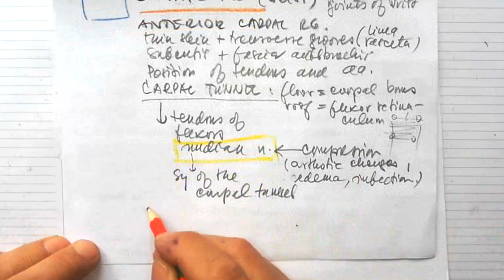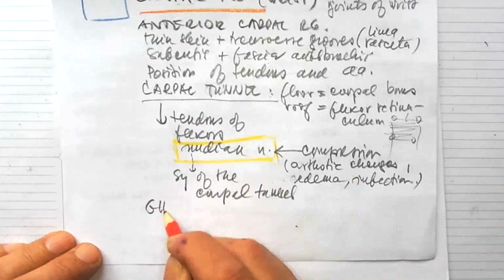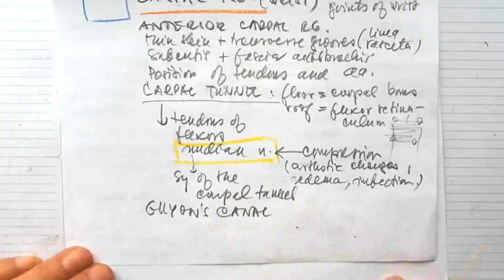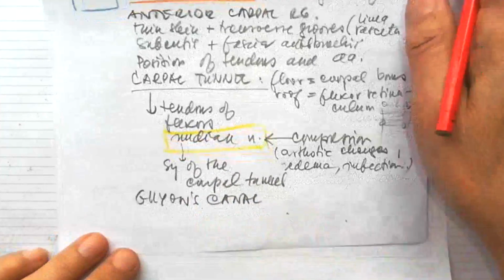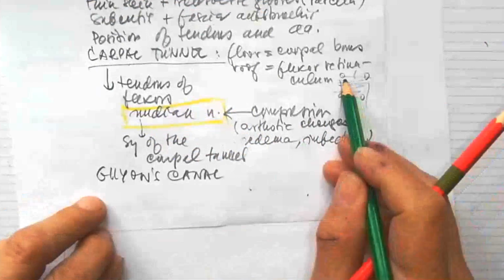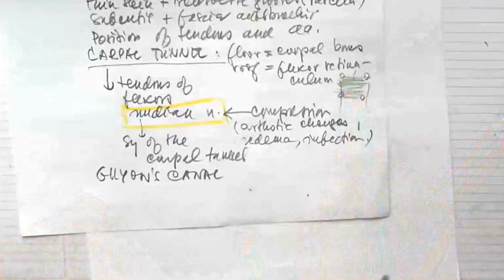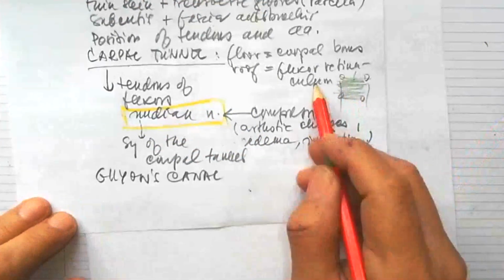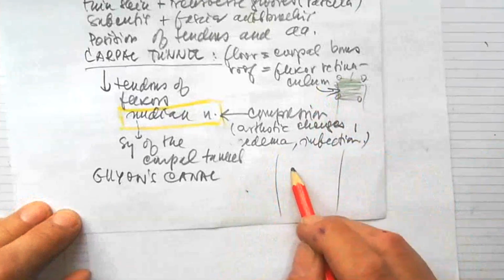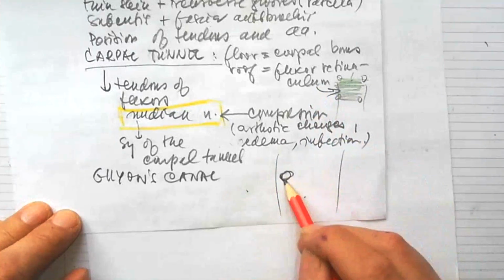We can also add immediately Guyon's canal. Why not? Nothing else, just to say that the flexor retinaculum and Guyon's canal will be the same, medial and lateral. Here you see the pisiform bone.